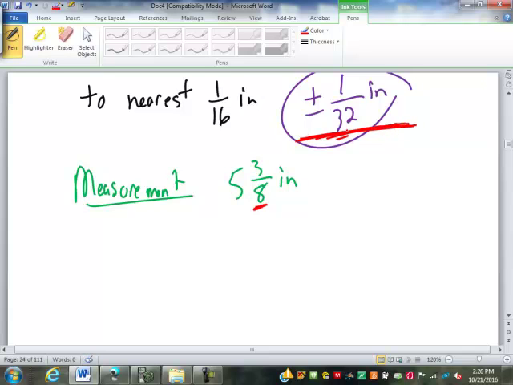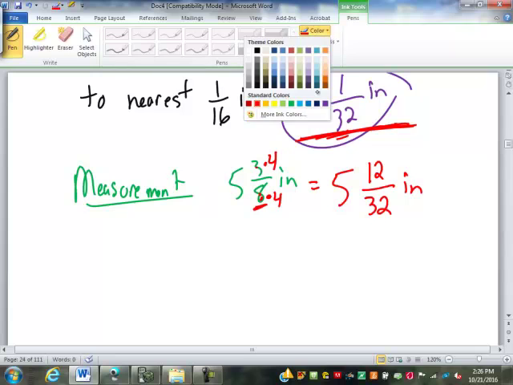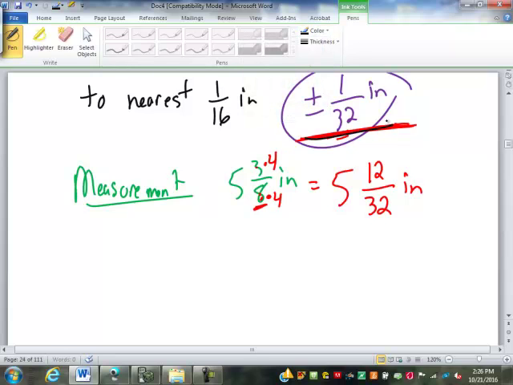Our error is 32nds, so we need to turn this into 32nds. What do we multiply 8 by to turn it into 32? 4. So we do the same to the 3. 3 times 4 makes 12. Good. So it's plus or minus 1/32.